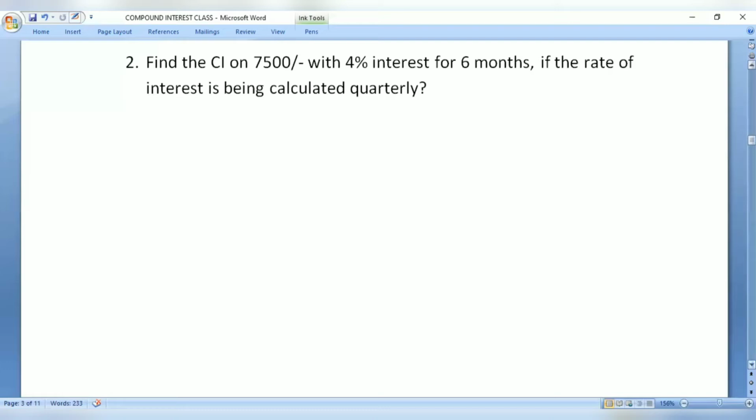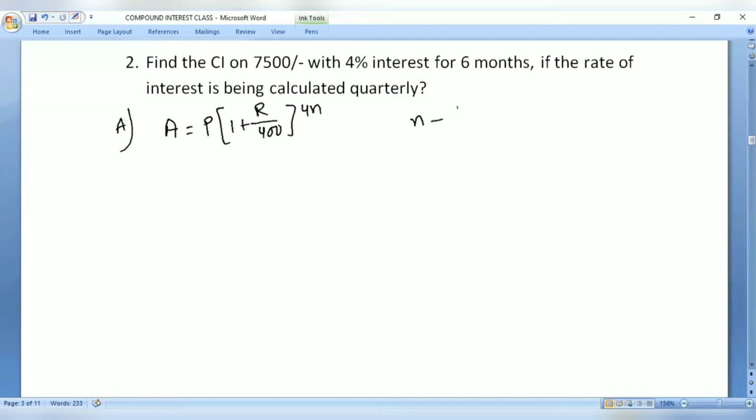So the formula is different for us. Now, what is the formula? If the interest is calculated quarterly, amount is equal to principal into 1 plus R by 400 to the power of 4n.